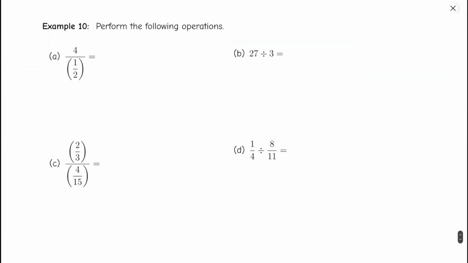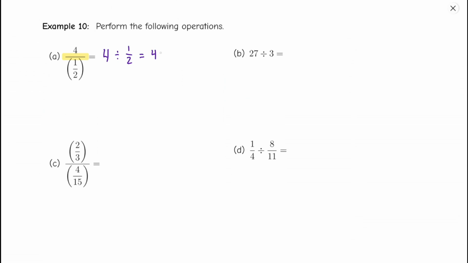Now, A might not look like an operation because it's 4 over 1/2. But remember, this division bar means the operation division. So this is the same thing as 4 divided by 1/2. Now, from what we said, division is the same thing as multiplication by the reciprocal.